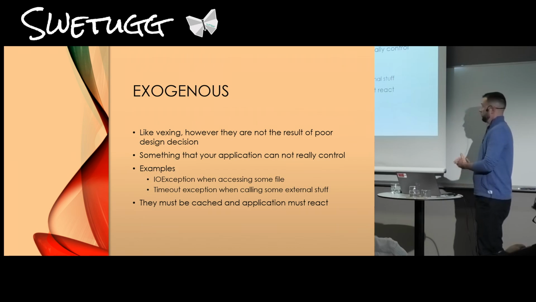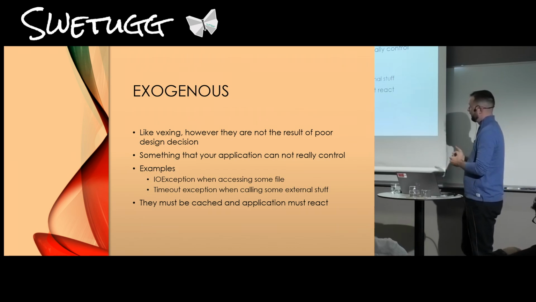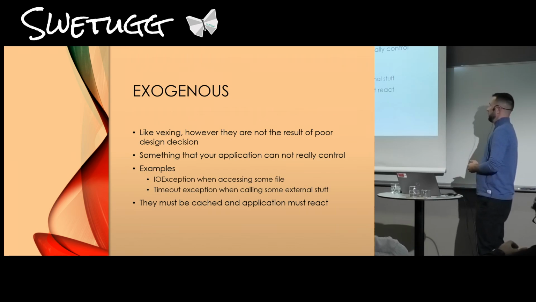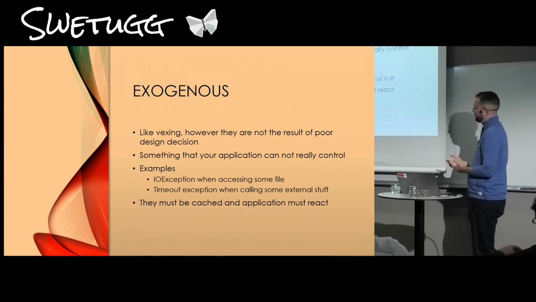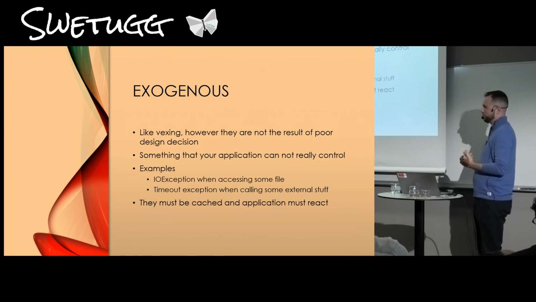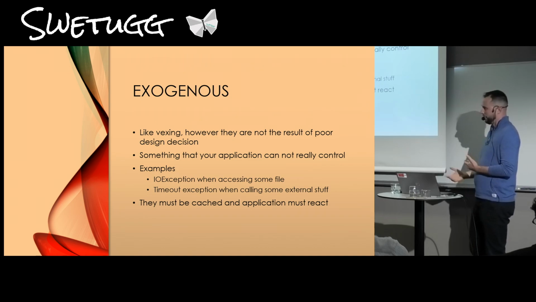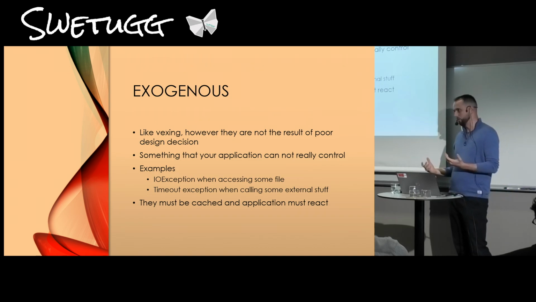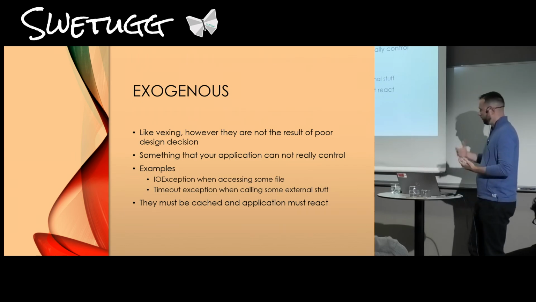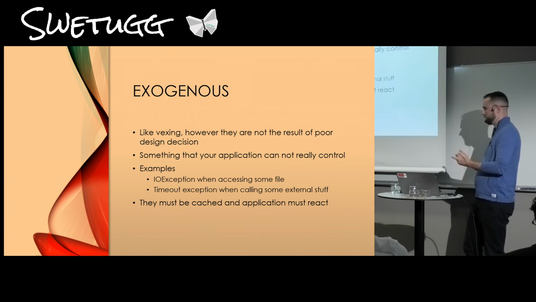And then the exogenous exceptions, they are basically like vexing, but they are not the result of the poor design decision. They are more something that your application cannot really control. For example, if you are trying to read a file, it's out of control of your application, let's say. You might, for example, ask if it exists and then read it, but there might be the race condition.